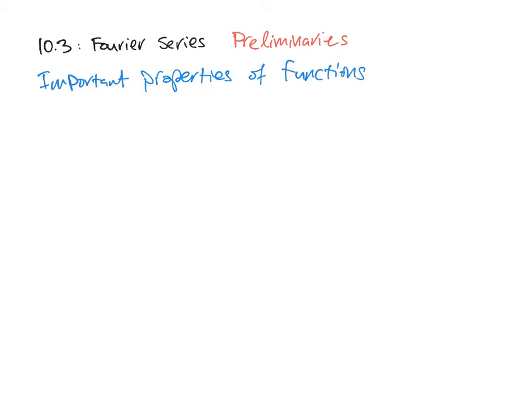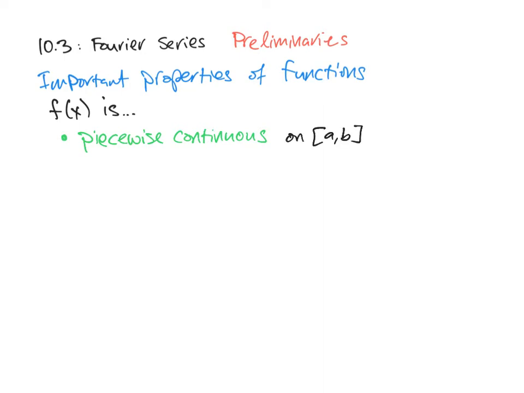Our first one is that a function f of x is piecewise continuous. That means that on an interval a to b, it's continuous everywhere except for maybe just a few points.